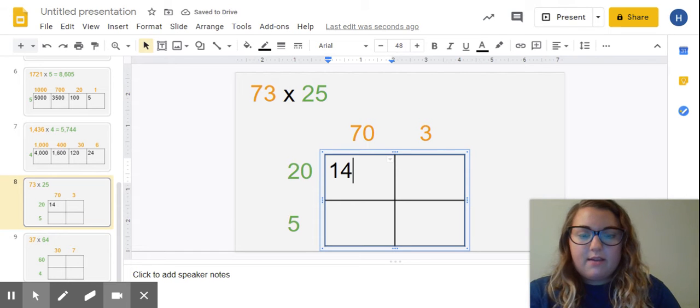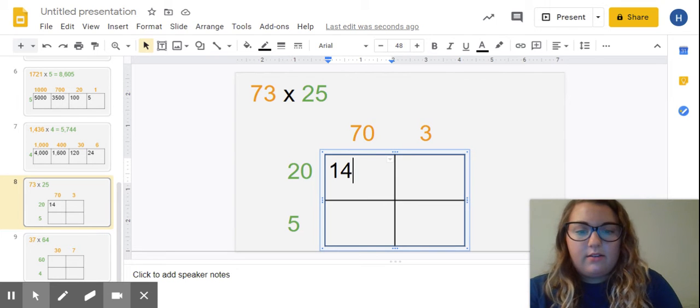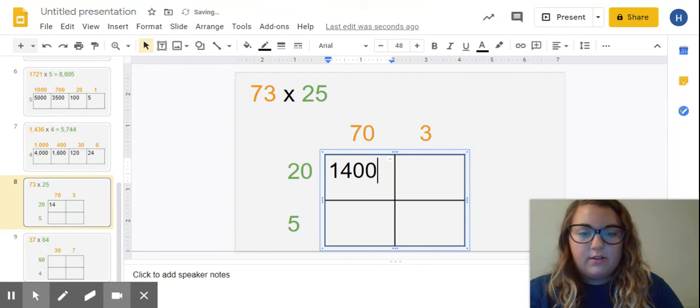Now I am multiplying digits that are in the tens. So since I have 2 zeros here, I need to add those place values to my number. Meaning 20 times 70 equals 1,400.